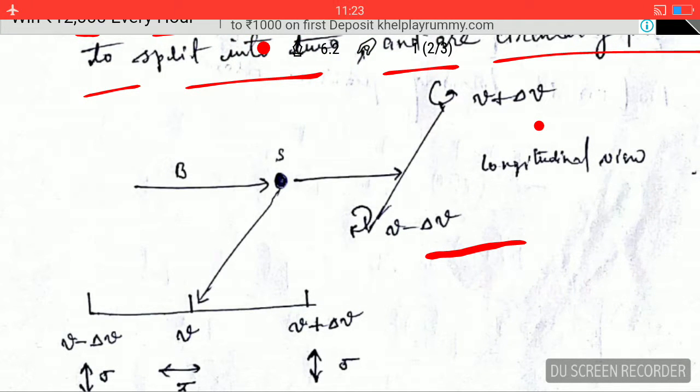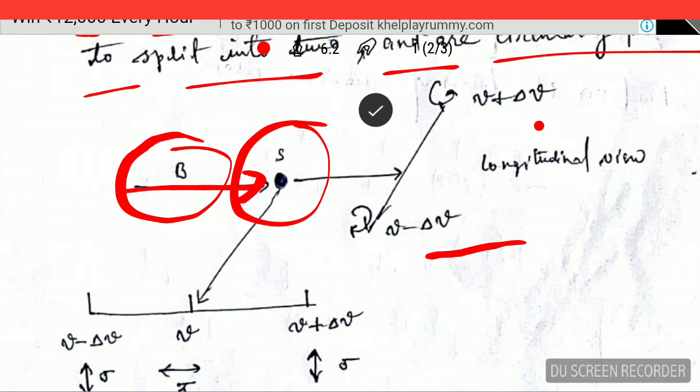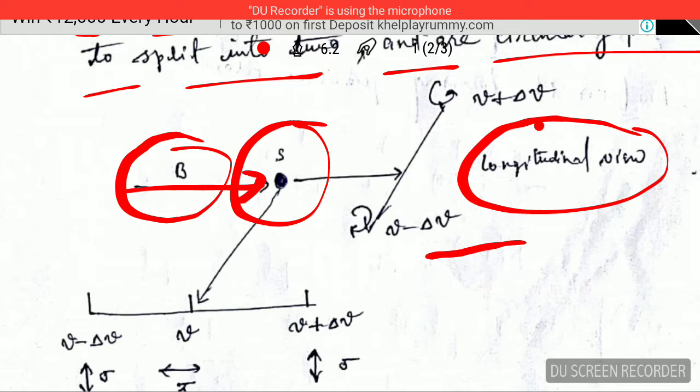As in the earlier experimental setup that you have seen, the magnetic field B was in this direction, and there was the source of light S. Now the first observation was this longitudinal view observation.